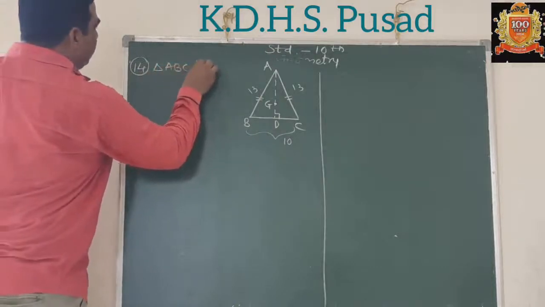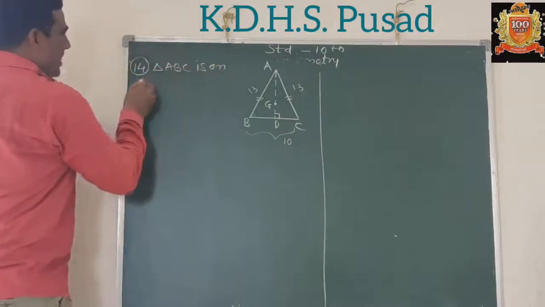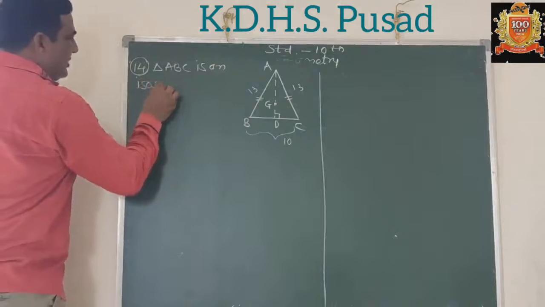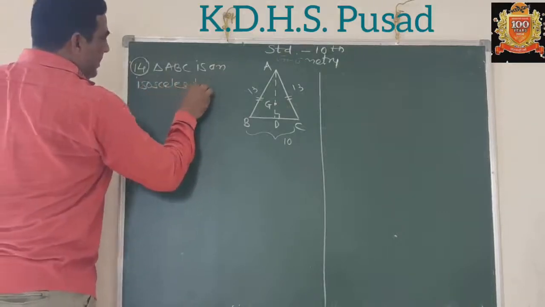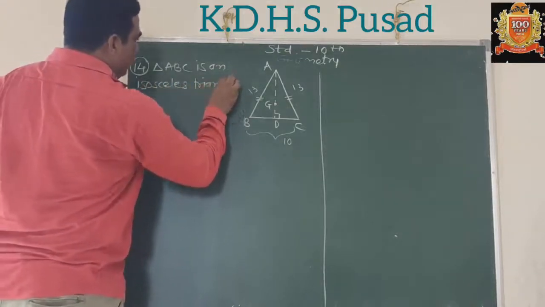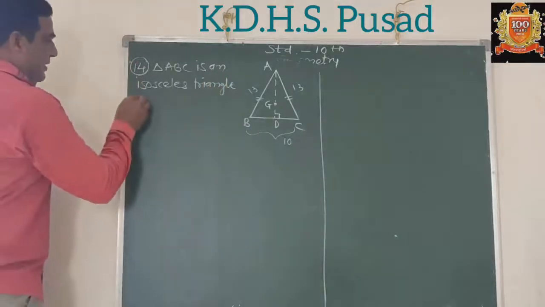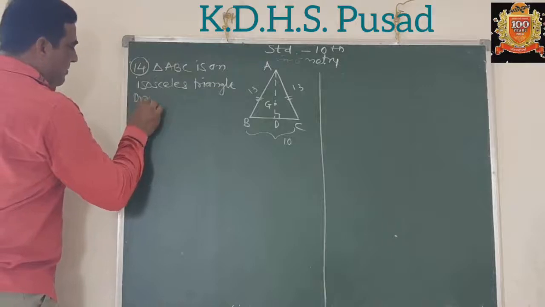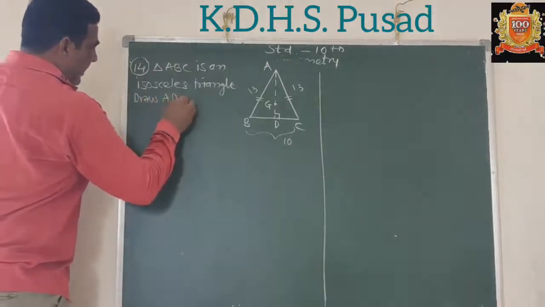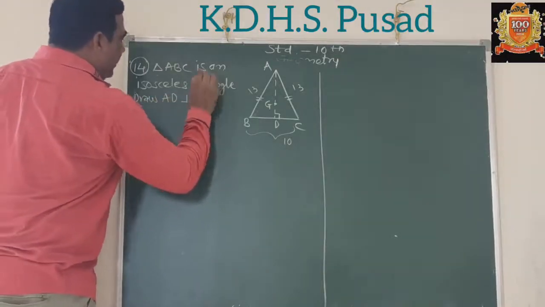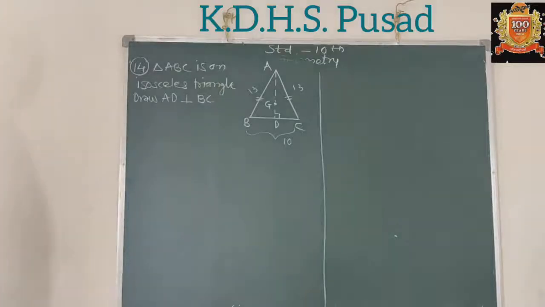Triangle ABC is an isosceles triangle. Draw AD perpendicular to BC.